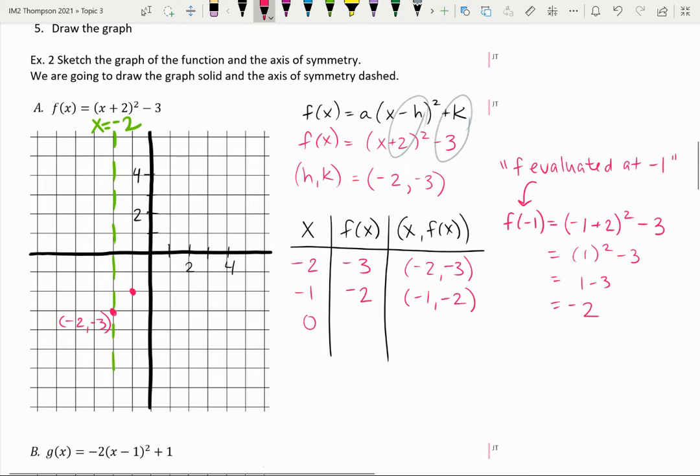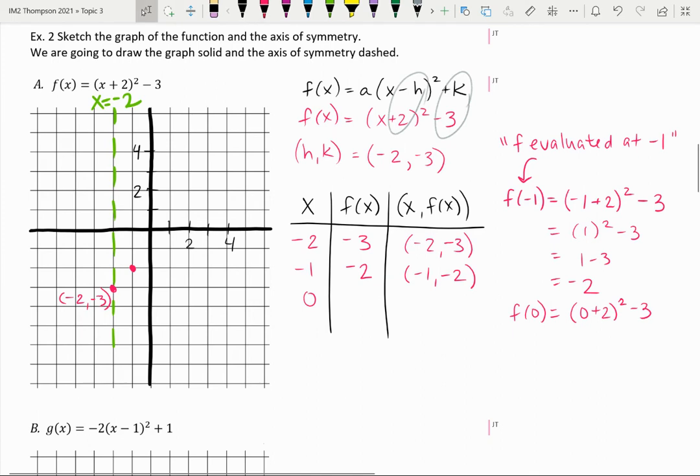All right, I need another point. Two points is not going to be enough for me to draw a parabola. I know it's enough for a line, but not for my quadratic function. So I'm also going to plug in 0. 0 plus 2 gives me 2. 2 squared is 4.